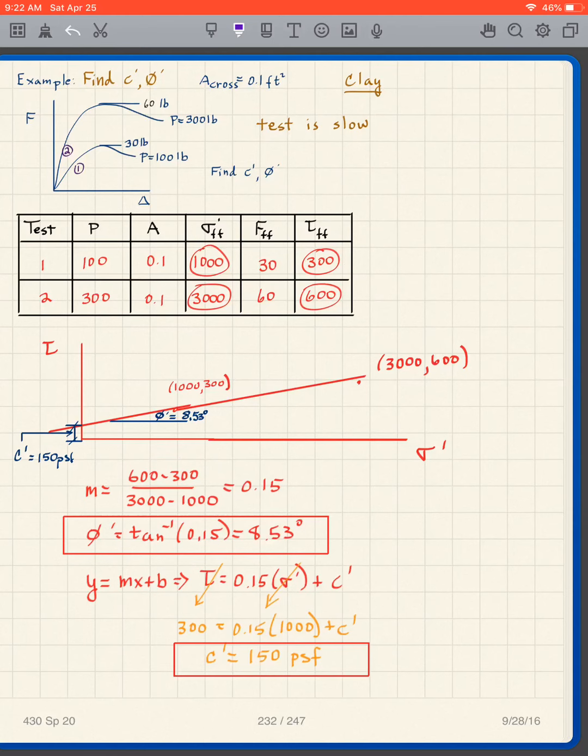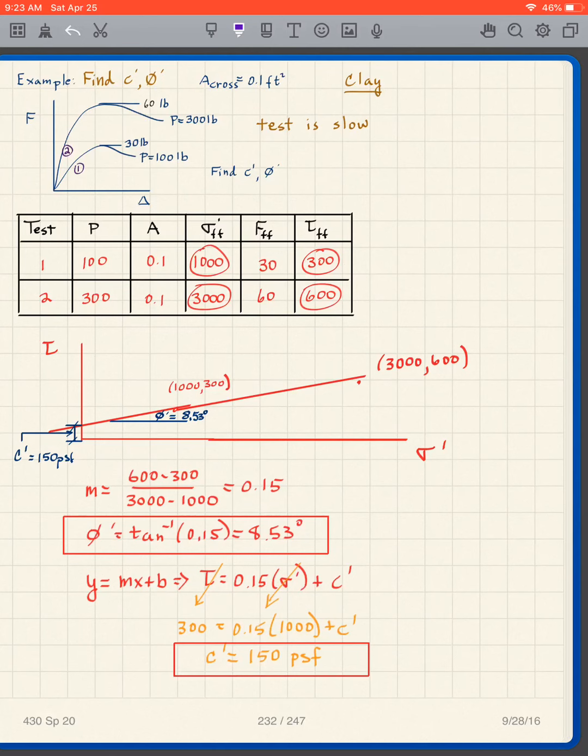That means that my phi prime is the arctangent of the slope, which is 8.53 degrees. Then I use y equals mx plus b, which, since my y is my tau and my x is my sigma prime, gives me that tau is equal to m, which we just figured out as 0.15, times sigma prime, and then the intercept is c prime. We've defined the intercept as c prime.